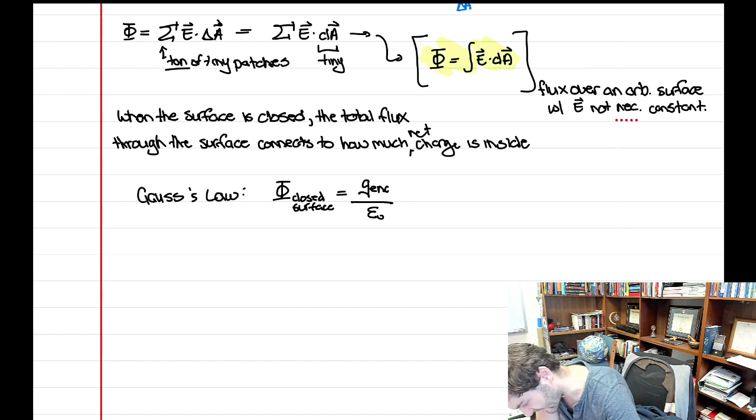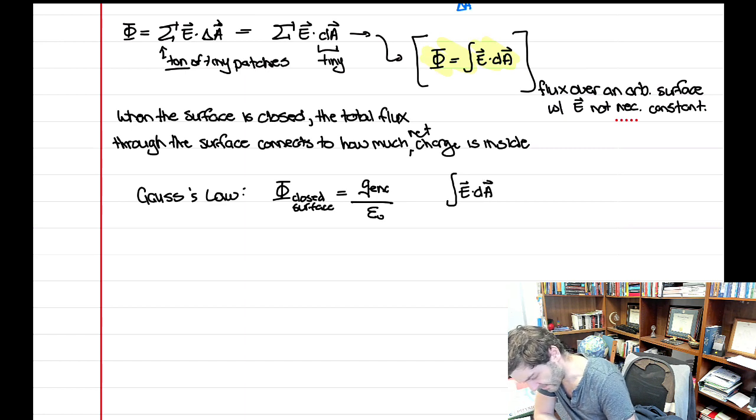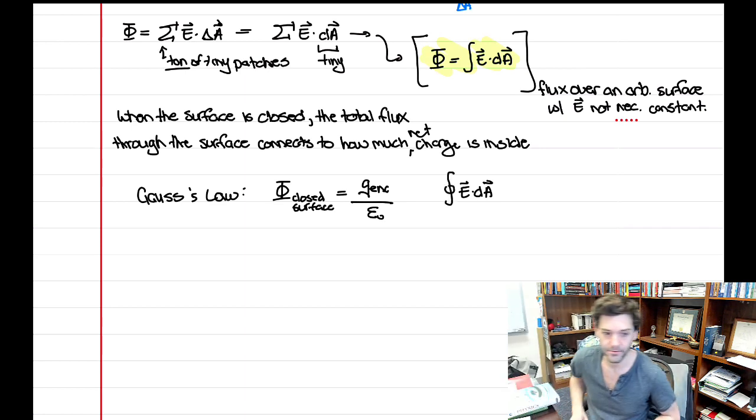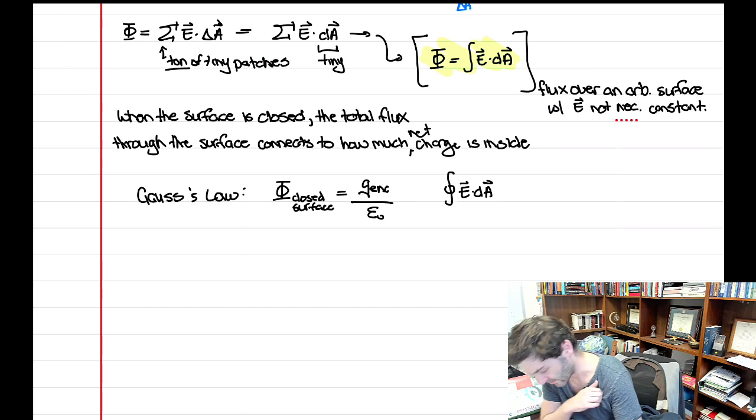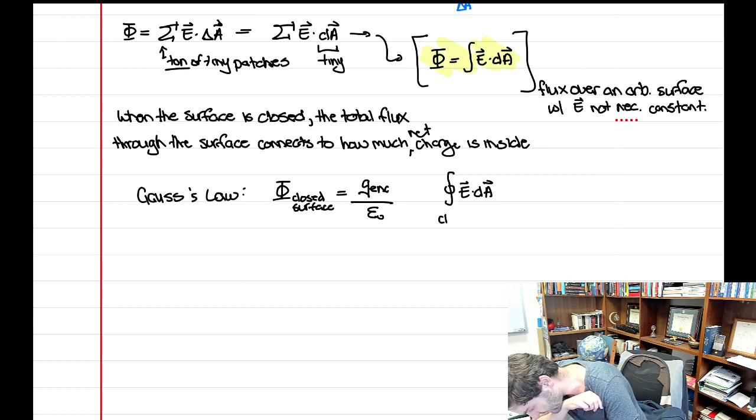Or if I want to write it as an integral, the integral of E dot dA over a closed surface. And so usually, let me redraw this, what you'll see when you do Calc 3 is we'll do the integral sign, but we'll draw a circle around it. And that just means it's over a closed surface.